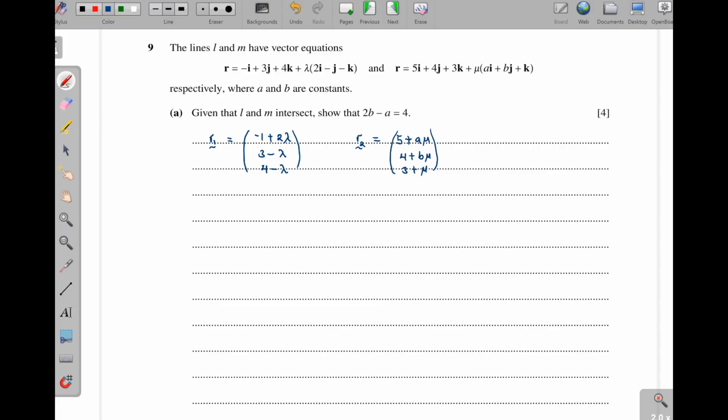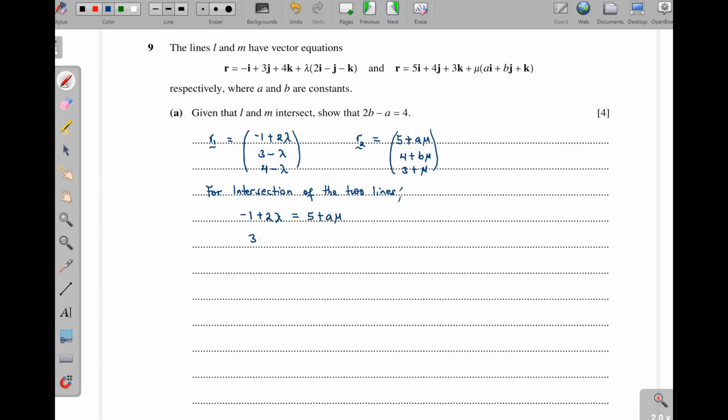Then for the intersection of two lines, they are going to be having the same x coordinate, y and z. Okay, so for intersection of the two lines, the x coordinate here shall be equal to the x coordinate of the other.